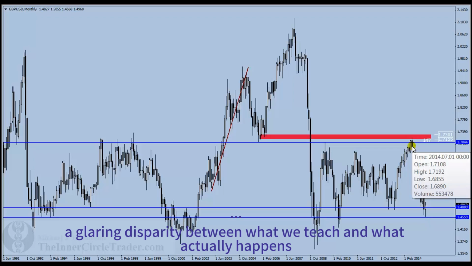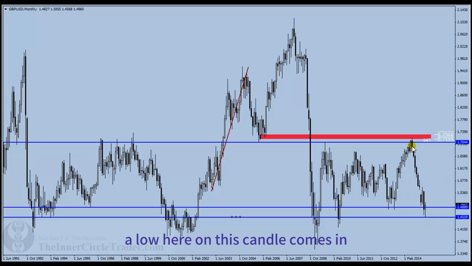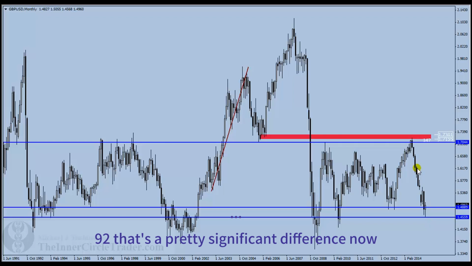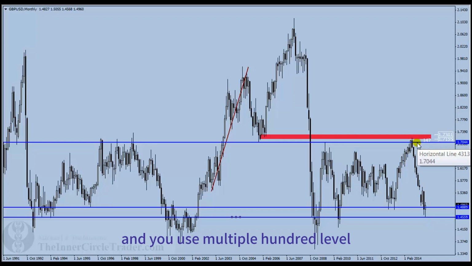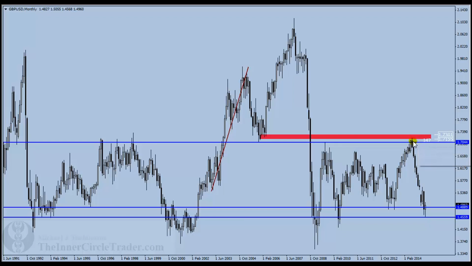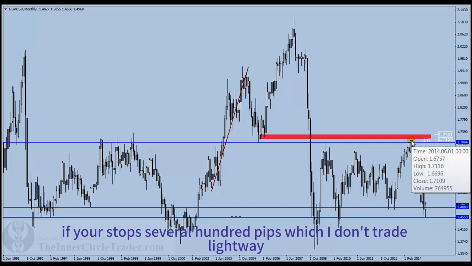In other words, if your stops are several hundred pips, which I don't trade that way, but there's traders that can trade that way and feel comfortable doing it. This probably wouldn't be a big deal to you, but because I'm an intraday timing type trader, I like to use a 15-minute and 5-minute entry on something I've arrived at on a higher time frame. That's a big disparity between 170.44 and the 171.